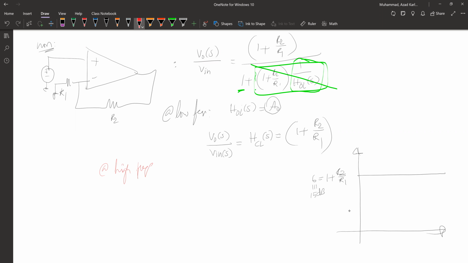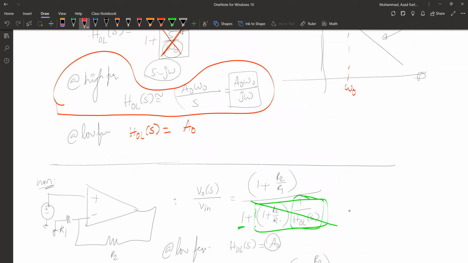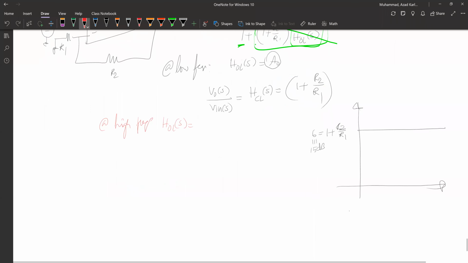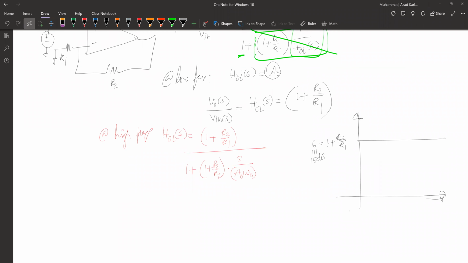At high frequencies, how does H open loop behave? We just saw that at high frequencies, it behaves as A naught omega naught over S. So if I rewrite the transfer function, it will look like 1 plus R2 over R1 over 1 plus R2 over R1 times S over A naught omega naught. If you see, this is just like a first order behavior.